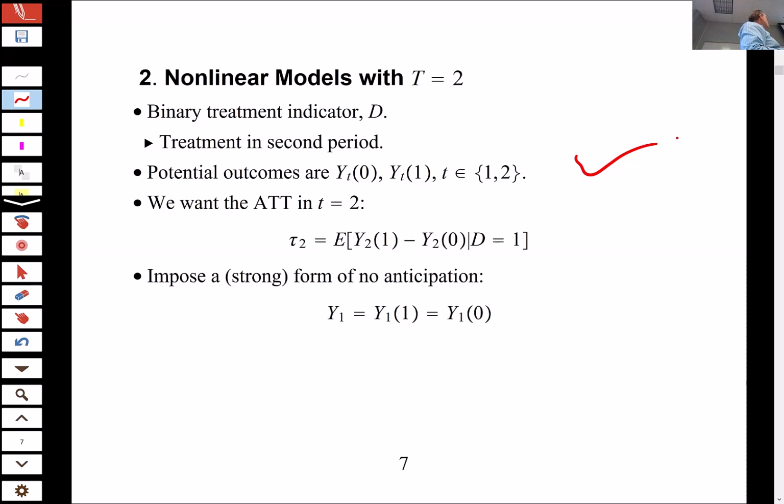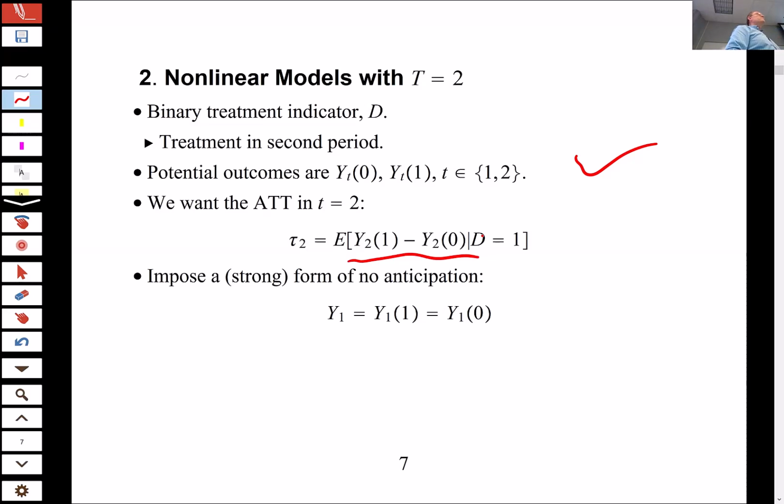The parameter of interest, in this discussion of average treatment effect on the treated versus the overall average treatment effect: it turns out if we strengthen the assumptions, we can identify the overall average treatment effect, but I'm going to focus on this parameter because it's the one that is by far the focus in this literature. I'm thinking of a population.